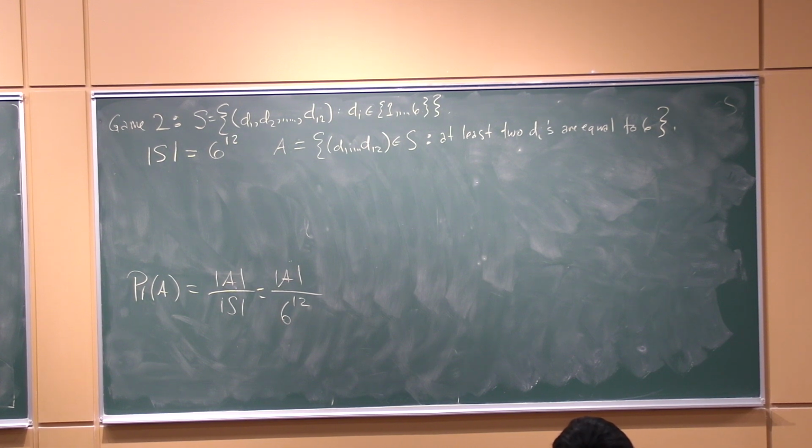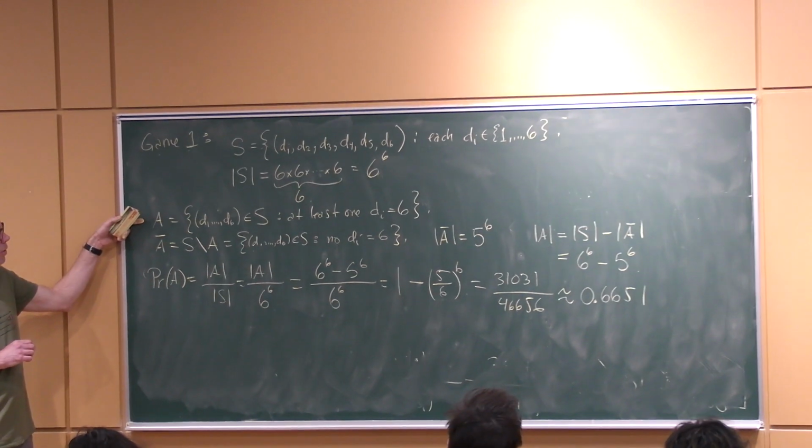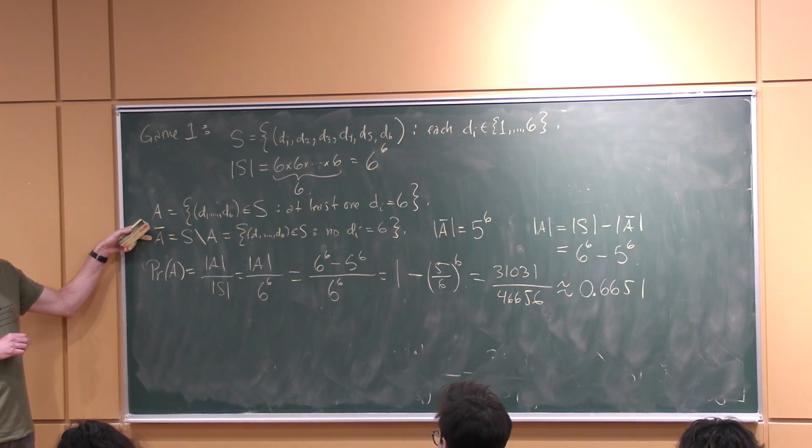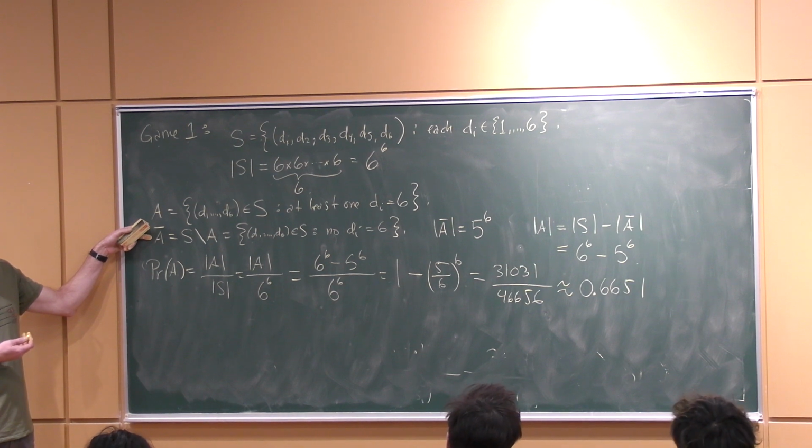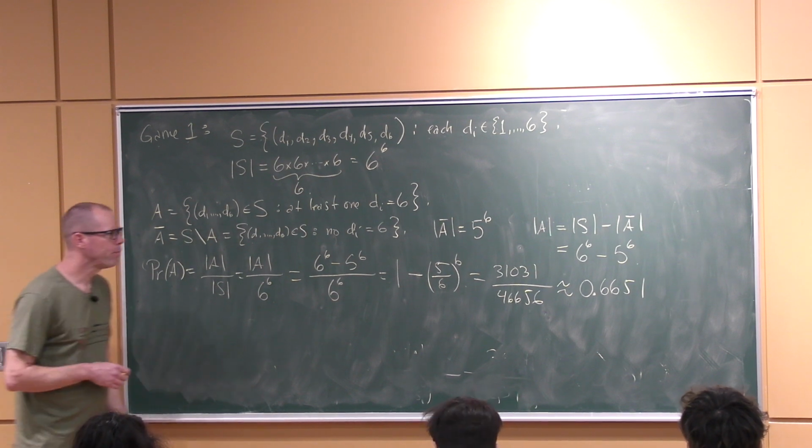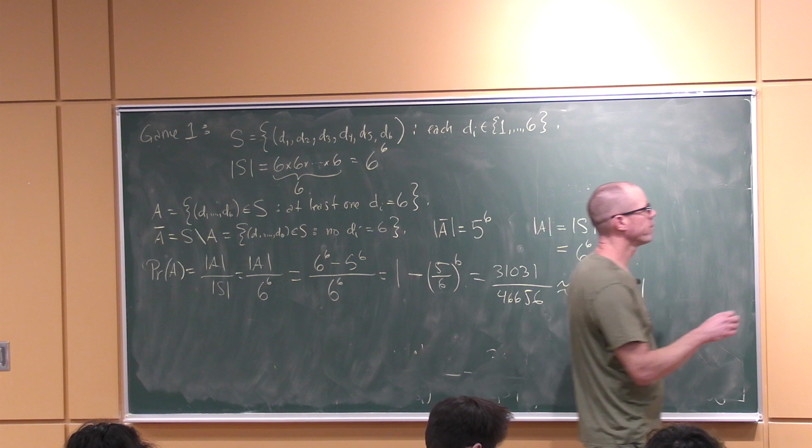How do we tackle that? Well, what did we do here? Here we said the size of A is too hard to compute, so we'll compute the size of its complement. And we can try the same thing here.